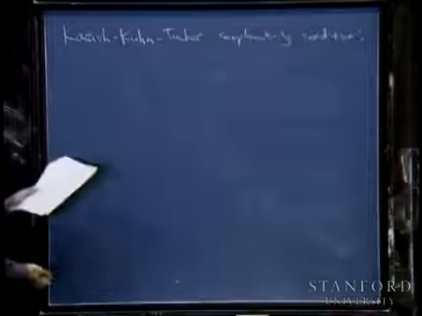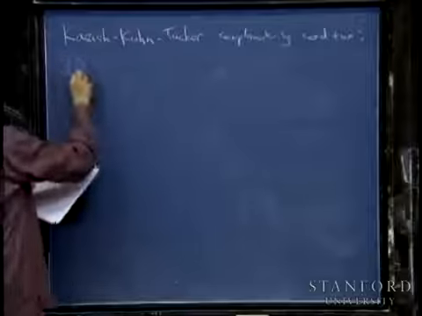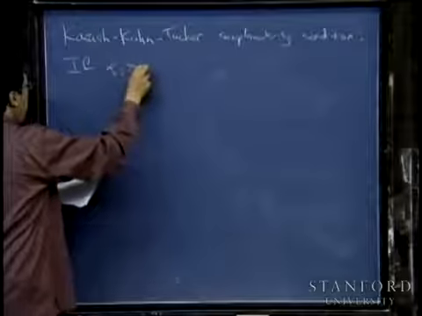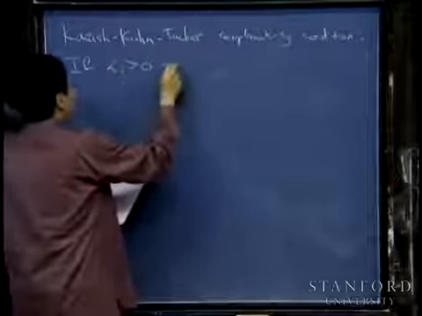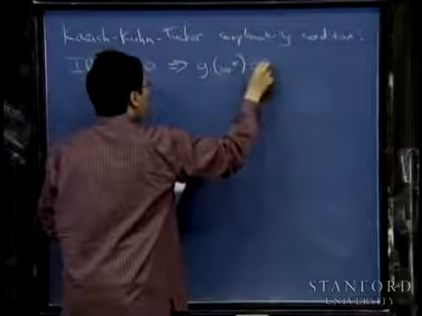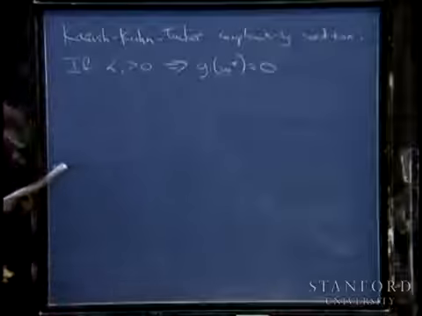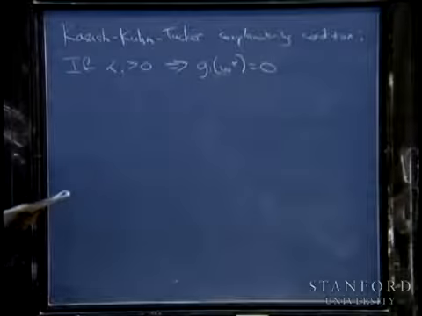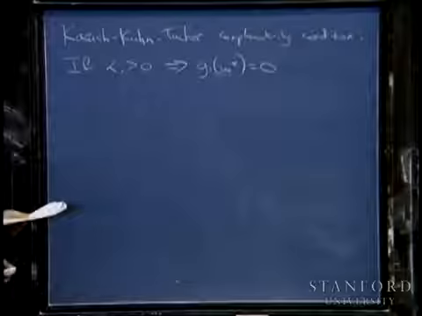So the KKT complementarity condition implies that if alpha i is non-zero, that necessarily implies that gi of w star is equal to 0, right?